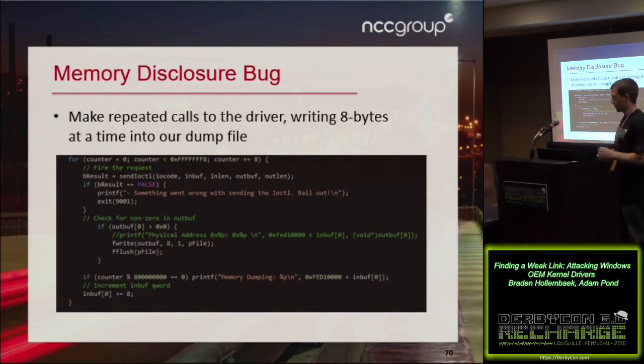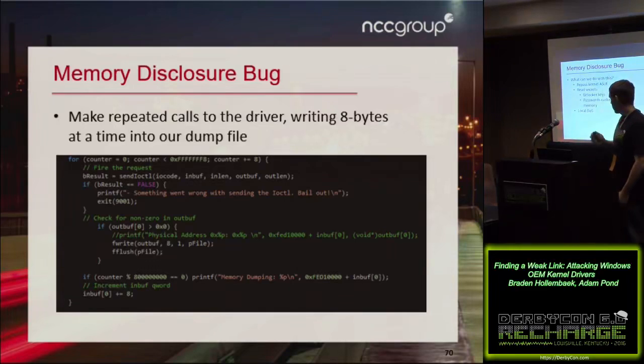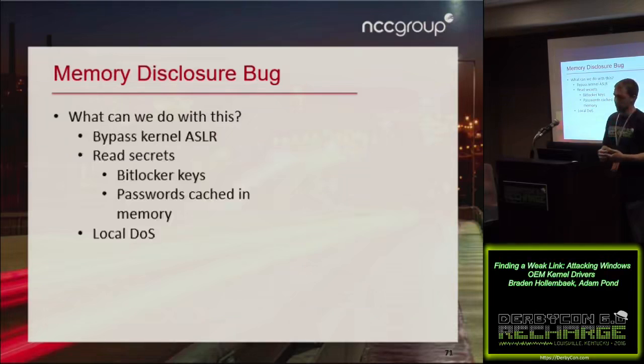And so after we get through and get our first 4 gigabytes of physical memory, what are we going to do with that? So there's a few things you can do with a giant swath of memory. You can use it to bypass kernel ASLR by identifying various kernel structures.